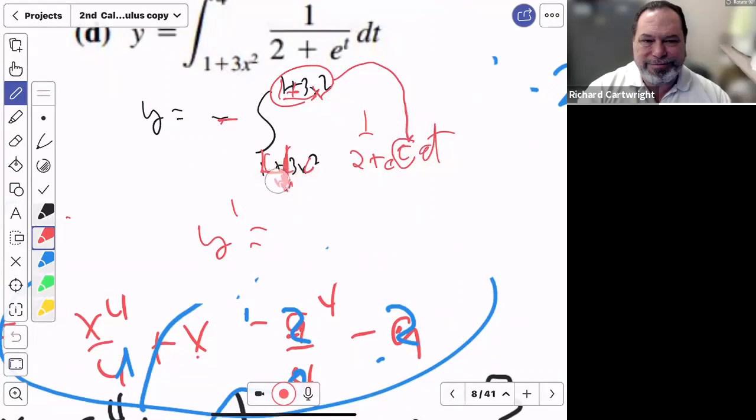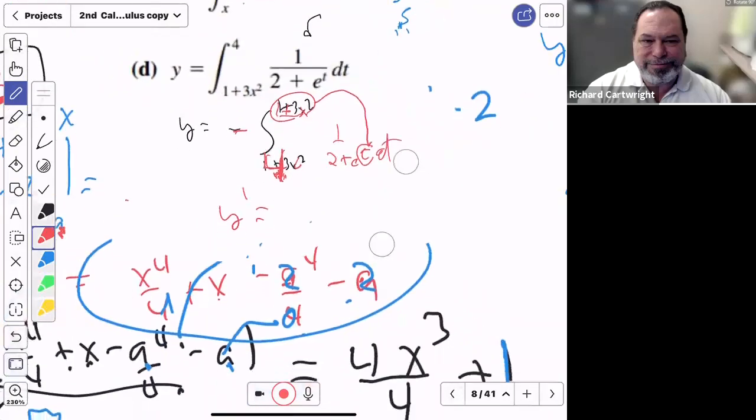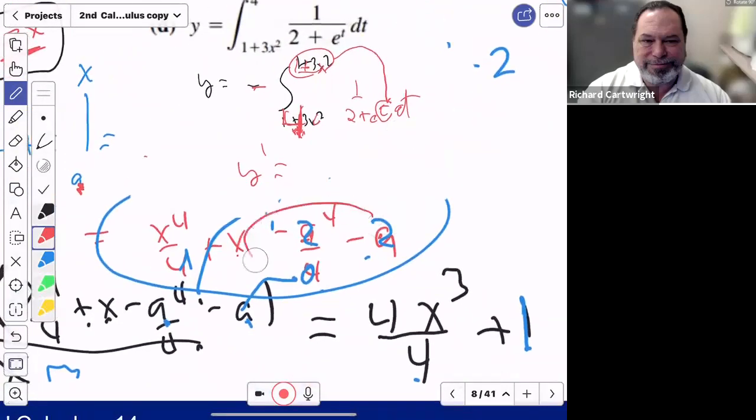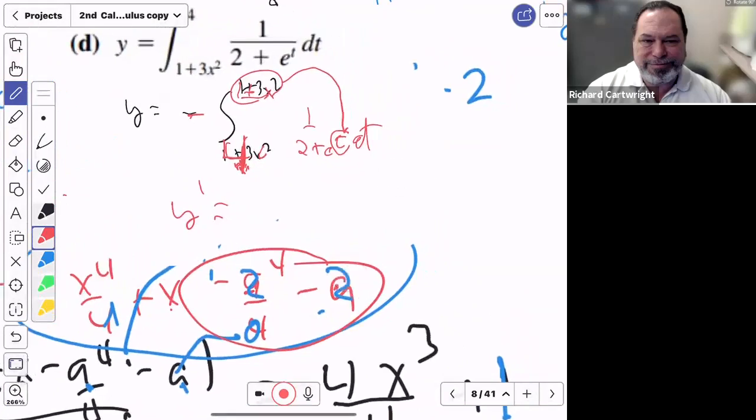And I don't care about this 4, because the derivative of constants will just go away. So it doesn't matter. It's a 0. So y prime should be 1 over 2 plus e to the 2 plus e to the x.